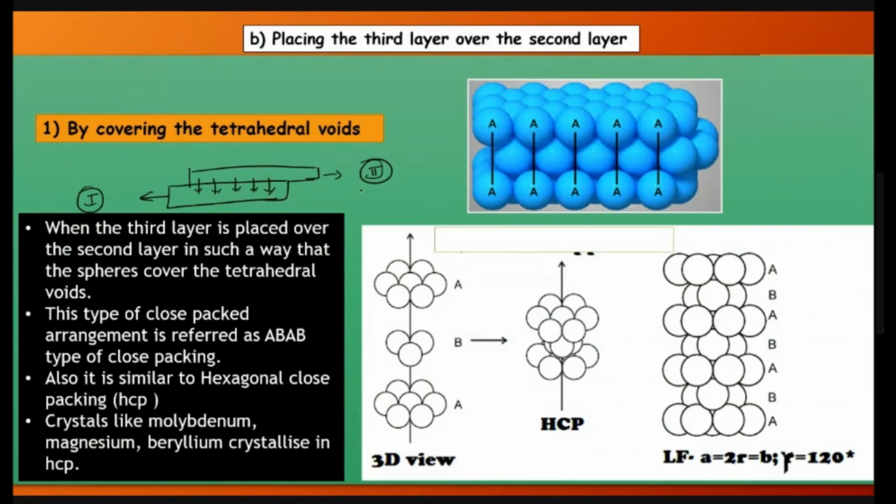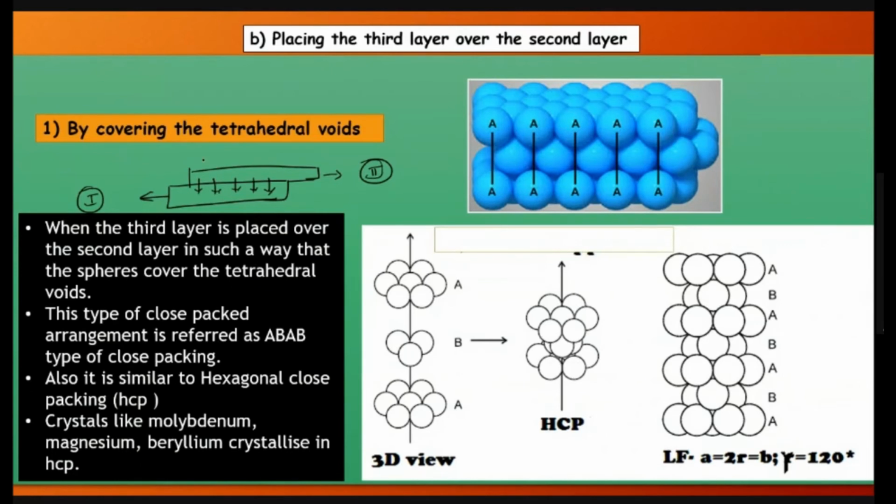Till now, whatever we studied, the voids and the coordination number, was completely by placing the second layer over the first layer. Now we are going to place a third layer above this second layer.